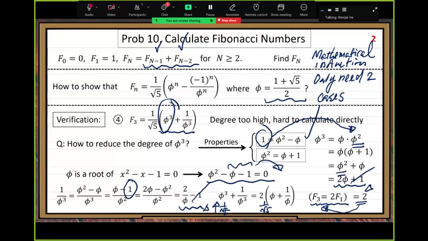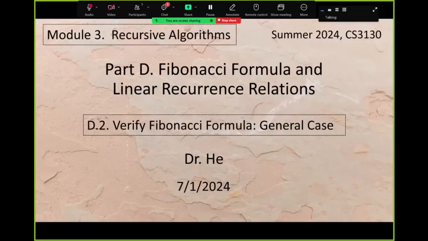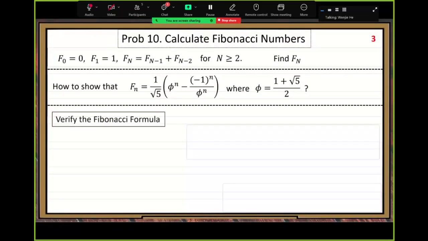Now, let's move to mathematical induction. D.2: Verify the Fibonacci formula, the general case, by mathematical induction. So, the powerful tool, mathematical induction.